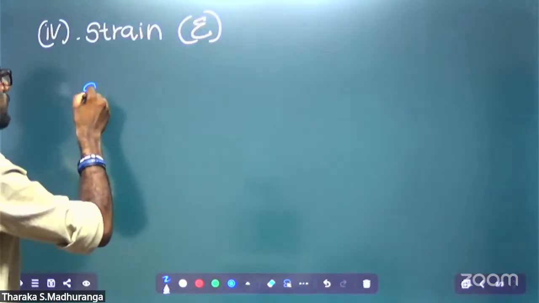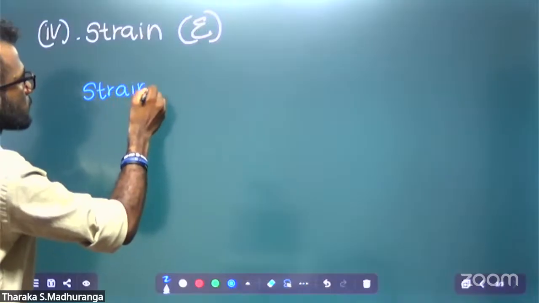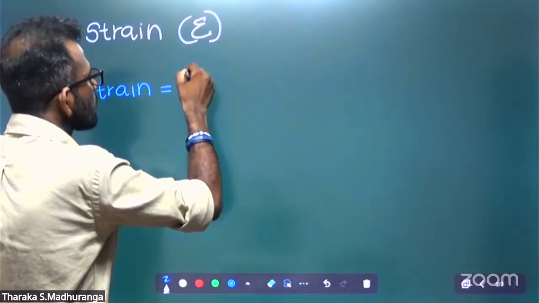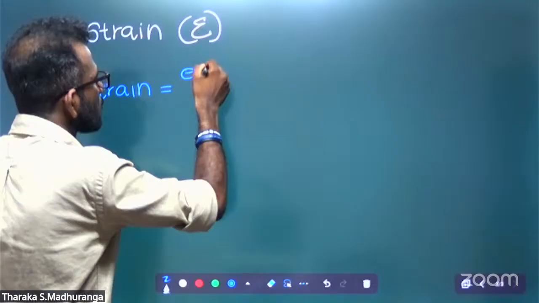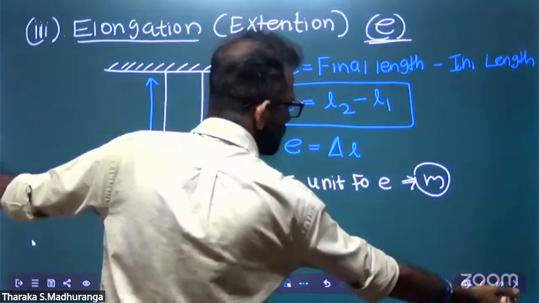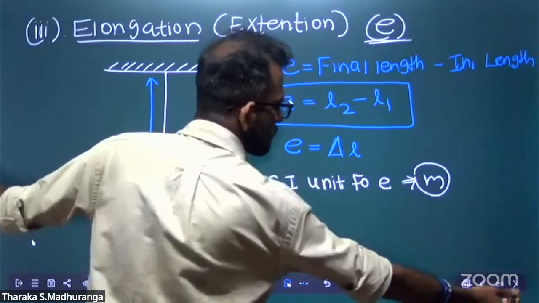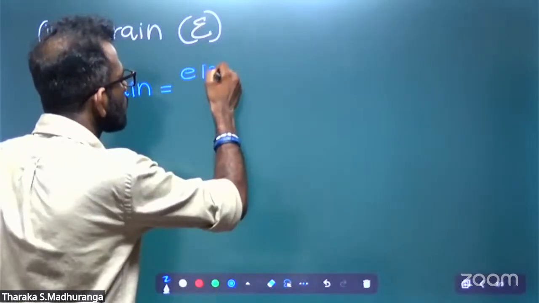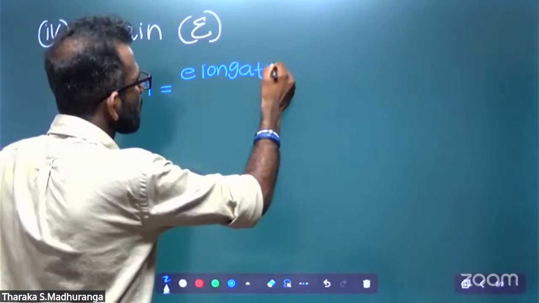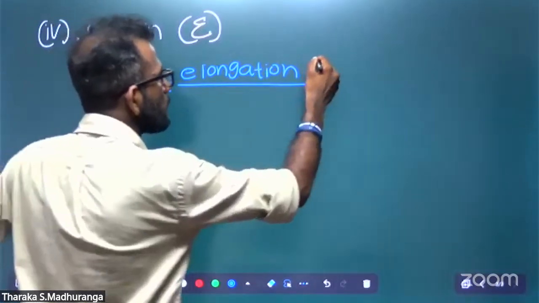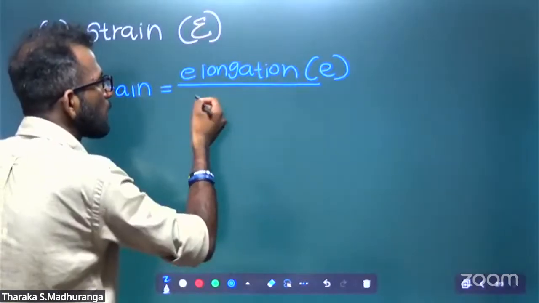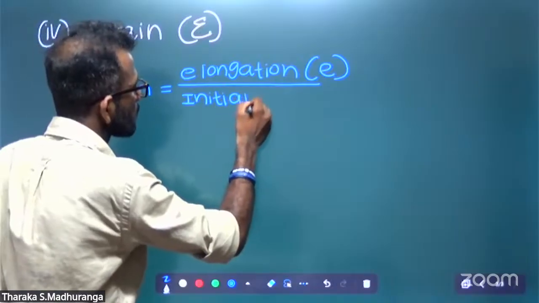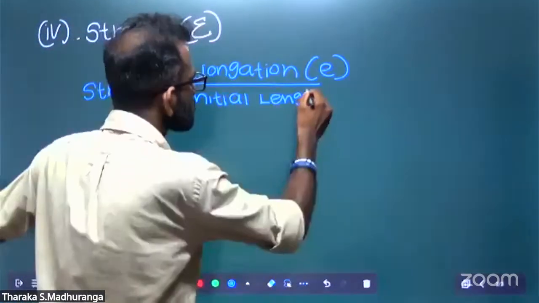Strain equals elongation, that means E or delta L, over initial length.